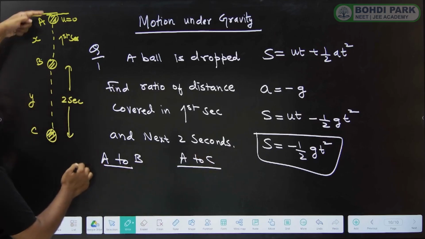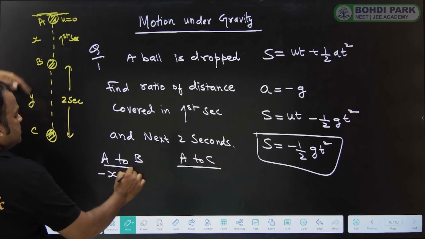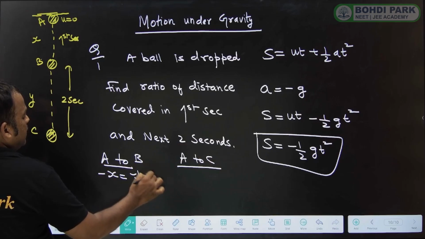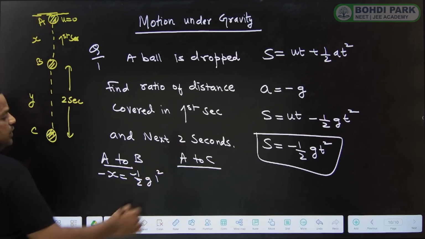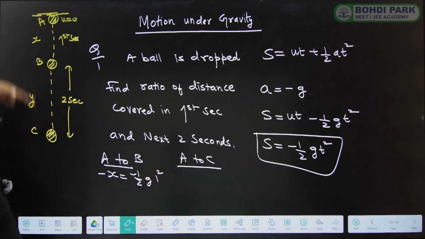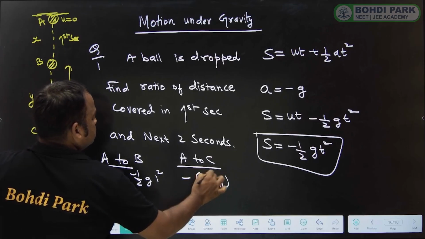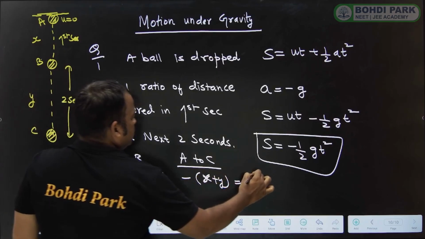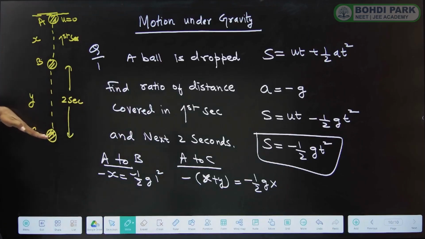So for A to B, the displacement is minus x. So minus x is equal to minus half g t square, which is 1 square. And for A to C, the displacement is minus of x plus y, which is equal to minus half g into the total time from A to C, which is 3 seconds, 1 plus 2, 3 seconds.